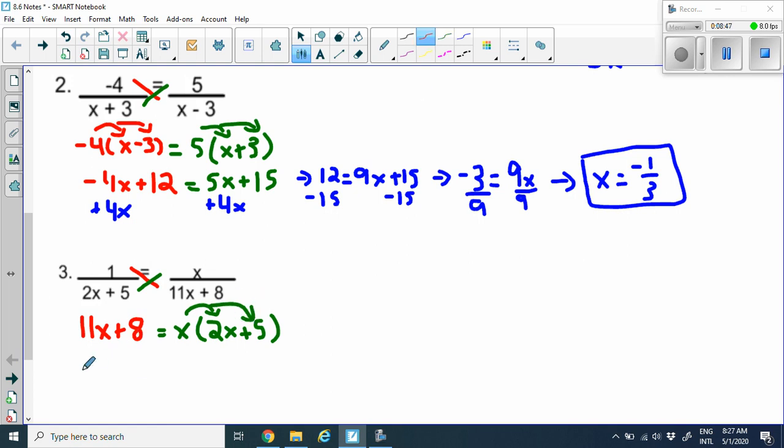So I get 11x plus 8 equals 2x squared plus 5x. Okay, now notice we have a quadratic because we have an x squared. So this is where we need to go back to the ideas of how can we solve quadratic equations.